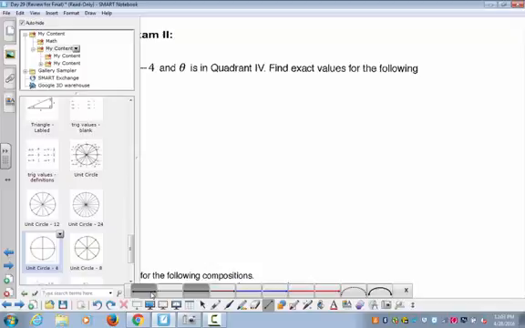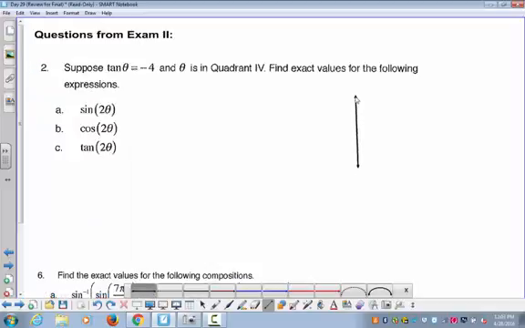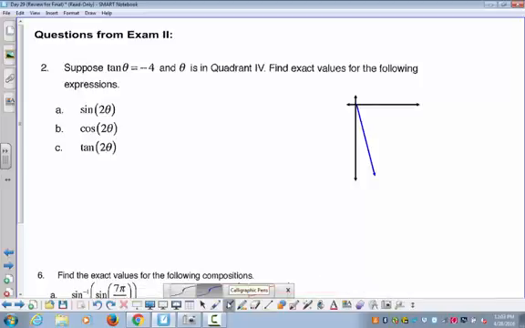We know we're in quadrant 4, and tangent is basically slope, so we know right off the bat that we've got a pretty steep line here. Tangent of theta is -4.